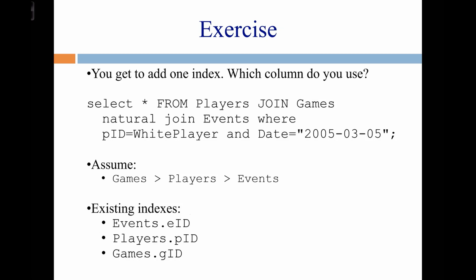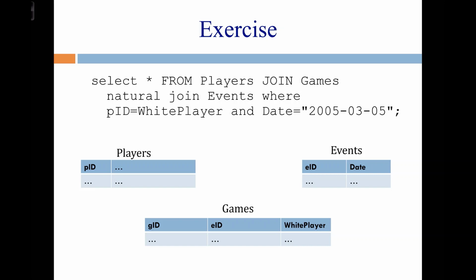And this time we have existing indexes, so these are just the primary indexes on all 3 of those tables, on the primary keys. So here are the tables, or at least the columns we care about. I'm leaving off some of the columns. So that's kind of a hint. Adding an index to some of those other columns in these tables would not help at all.